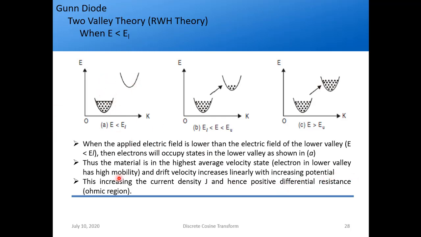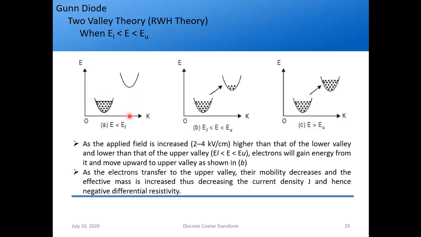But when we increase the electric field above EL but less than the upper valley, what will happen? Some electrons will go towards here. So what will happen because of this? As the electrons transfer to the upper valley, their mobility decreases. Why? Because as we said, the mass is higher here, so velocity decreases. Because of the decreasing velocity, there is a decreasing current density, right?